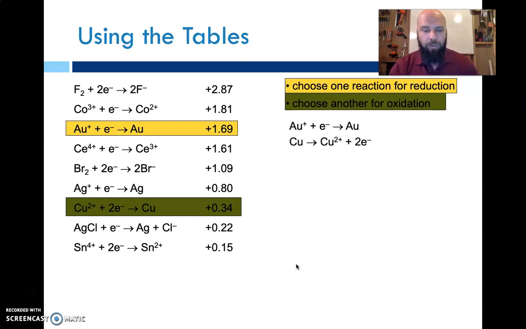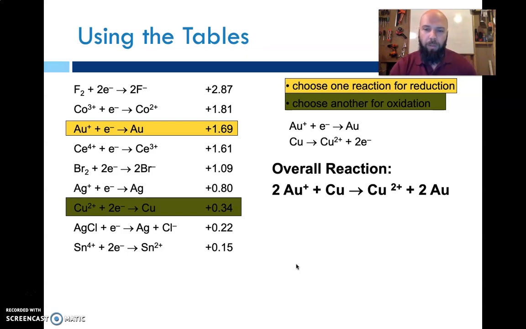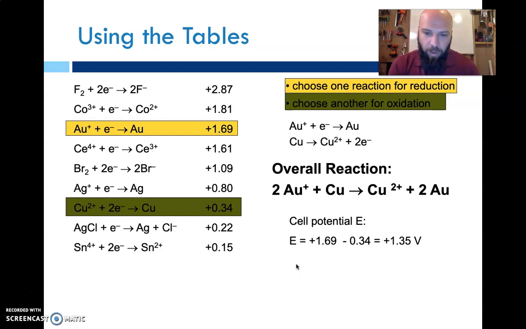Take those two values, make sure that you balance your overall equation. You need 2 gold ions creating 2 moles of your solid gold to make sure that this is balanced. You then do your reduction, or your cathode minus your anode. So it's the positive 1.69 because reduction occurs at the cathode, minus 0.34.